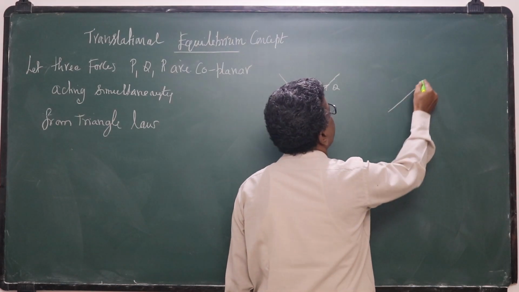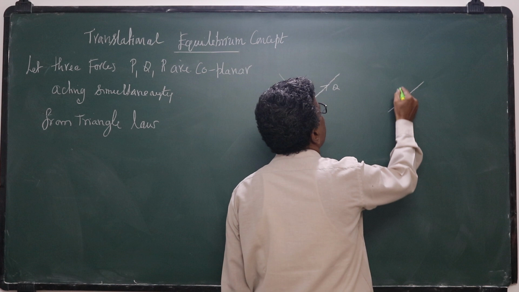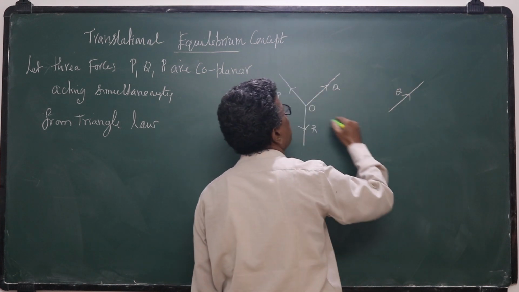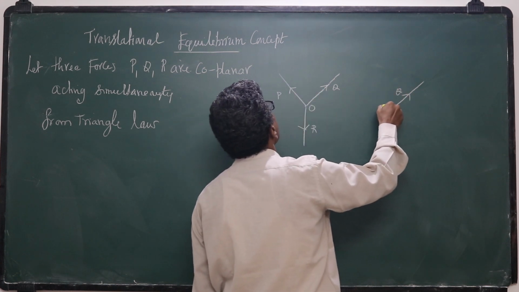So this is Q, which represents both magnitude and direction.